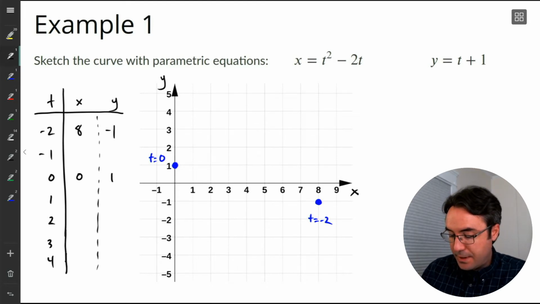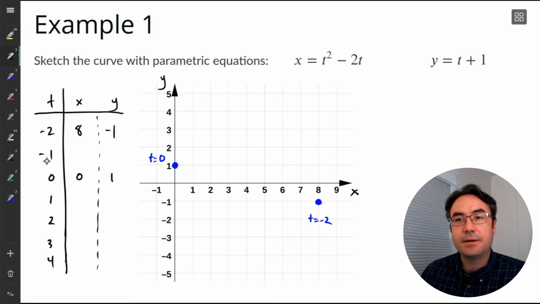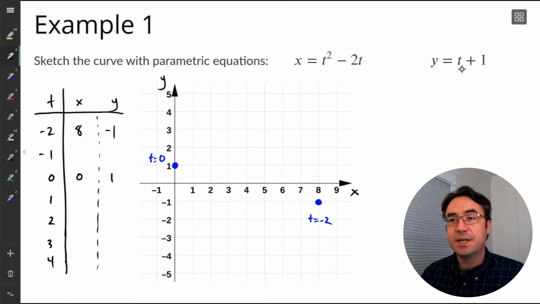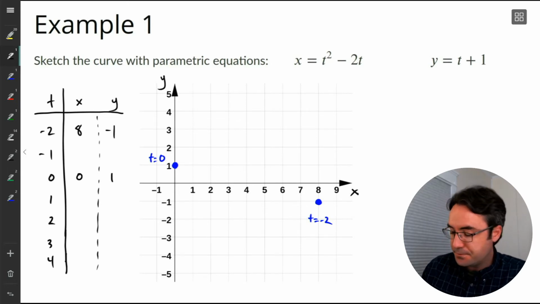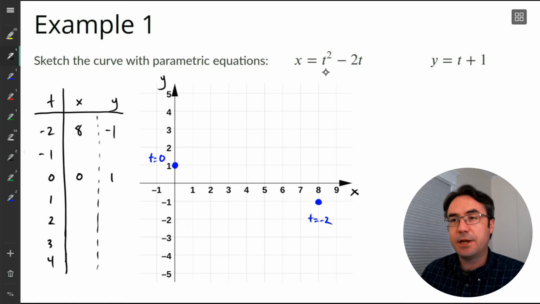All right, now let's try plugging in t equal to -1. Plug it into both of these equations, see what x value you get, see what y value you get. So we plug -1 in here, we get -1 squared, so positive 1, and then a positive 2, so we get 3.